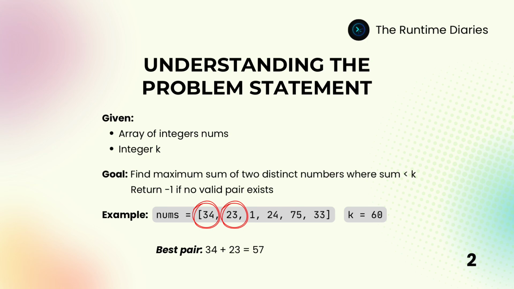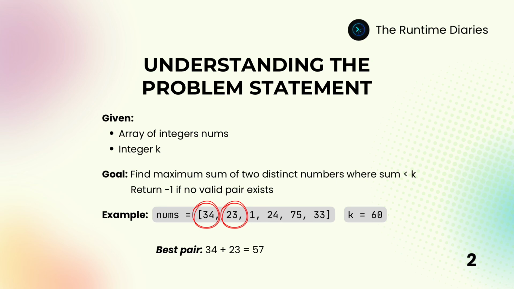So let's dive in. Here's what we're given. An array of integers and a value k. The goal is to find the maximum possible sum of two distinct numbers that is strictly less than k. If no valid pair exists, you return -1. Here's an example. Nums equals, from left to right, 34, 23, 1, 24, 75, 33, and k equals 60.